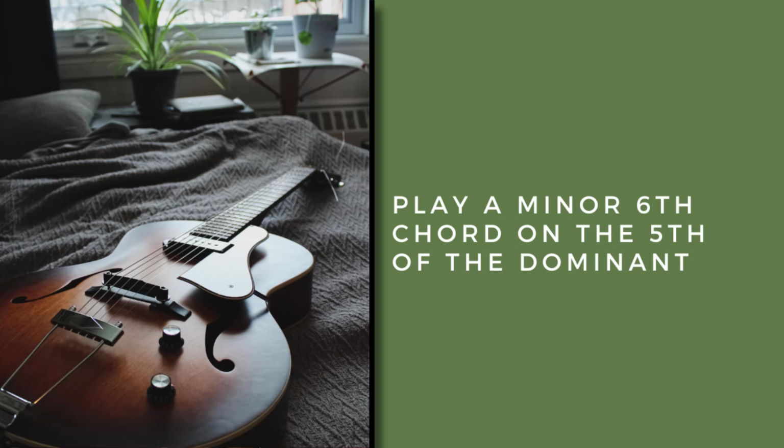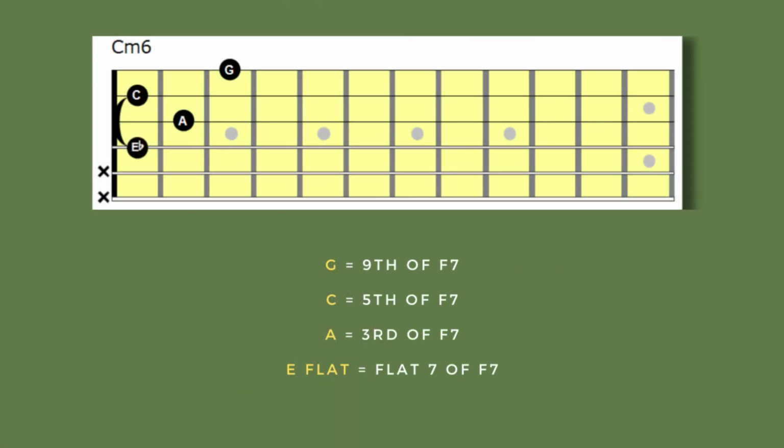Before we get right into applying this concept, here's a quick rundown of how this works. If we take each note in the C minor 6 voicing, that's the voicing we have on the screen at the moment, and relate each note to its relationship with F7th.